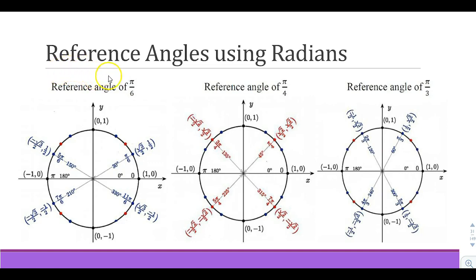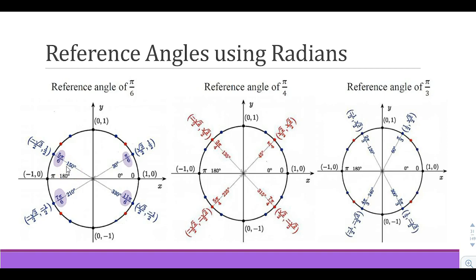Alright, now let's take a look at reference angles using radians. So the following angles have a reference angle of pi over 6. Pi over 6, 5 pi over 6, 7 pi over 6, and 11 pi over 6 all have a reference angle of pi over 6. Because remember what a reference angle is.